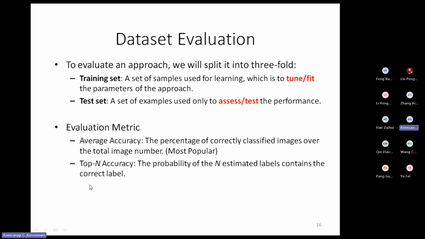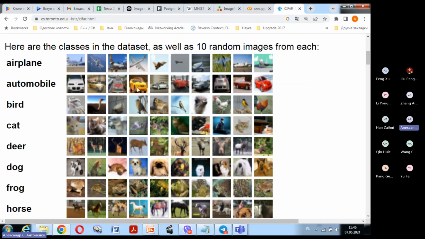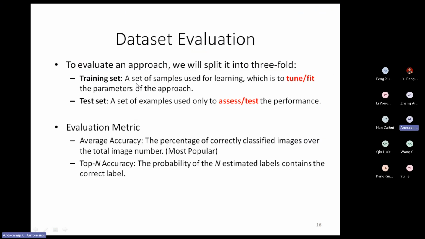So if the n estimated labels with highest probability contain the correct label, for example, top 5 accuracy. If the model says for this database, for example, this is either automobile, airplane, bird, cat, or deer, and it is correct, so it has 5 guesses to guess these images. If it's correct, we consider this correct.